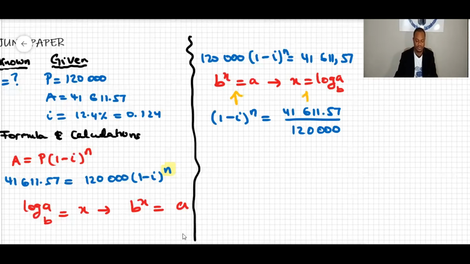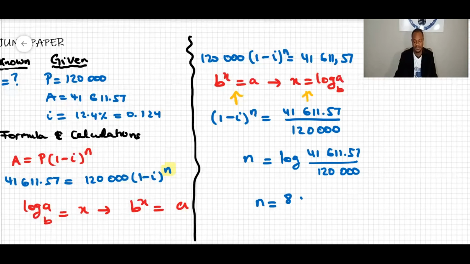This means that n will be equal to log of 41,611.57 over 120,000, base (1 minus i). If you press this in the calculator, we will get 8 years. Thank you.